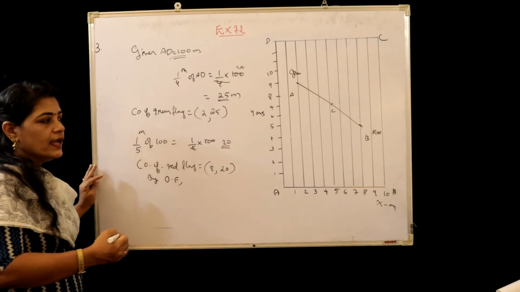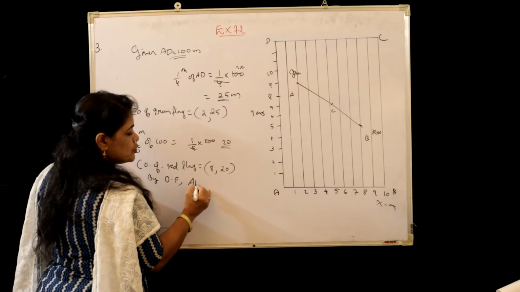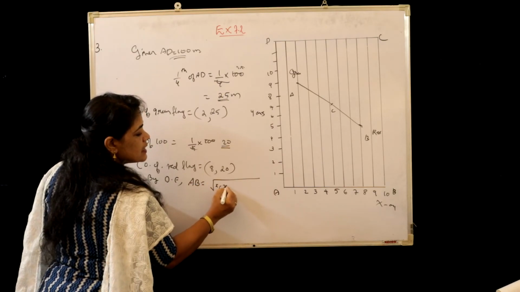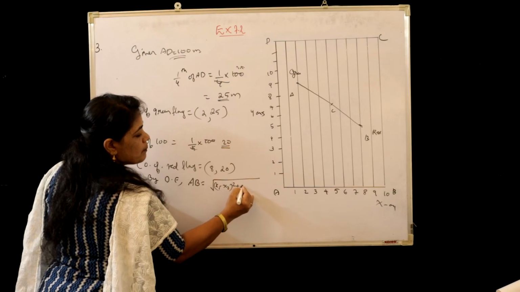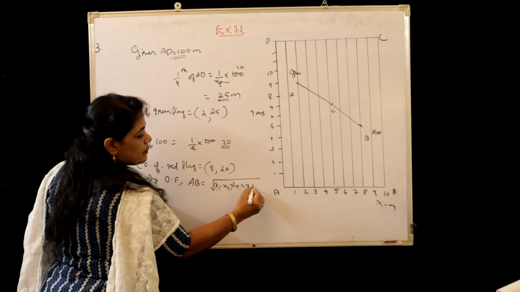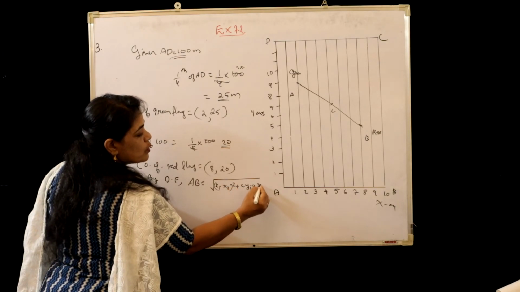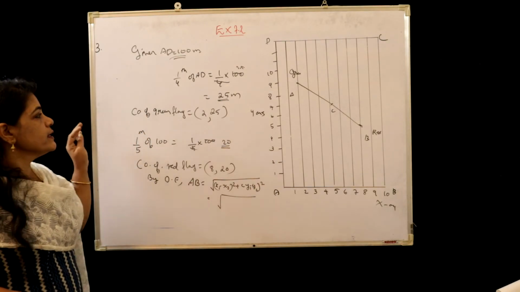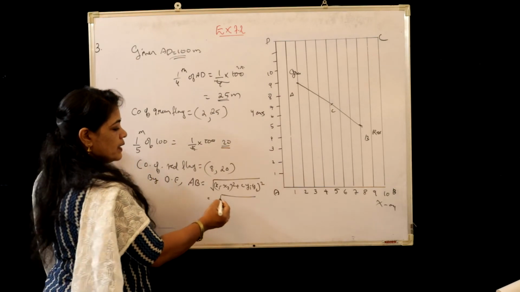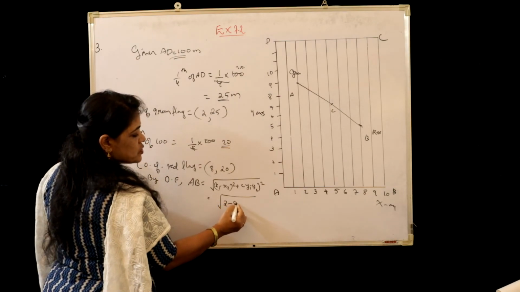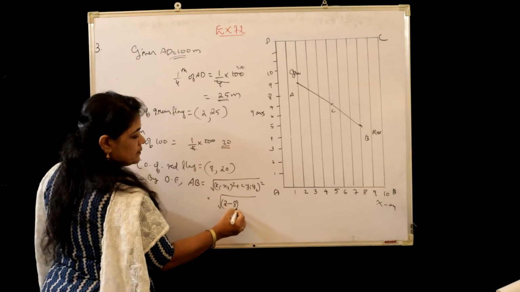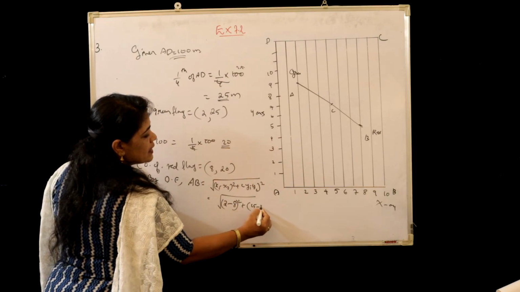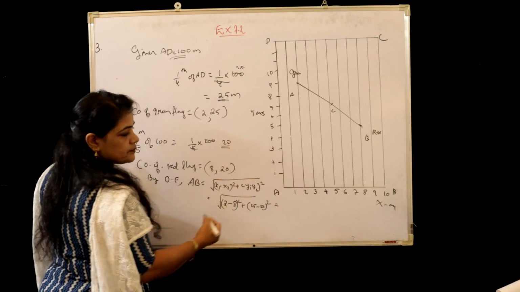By the distance formula, AB equals the square root of (x1 minus x2) whole square plus (y1 minus y2) whole square. That is, x1 is 2 minus 8, whole square, plus y1 25 minus 20, whole square.